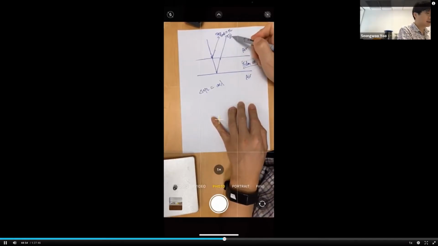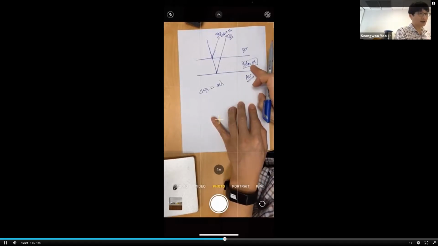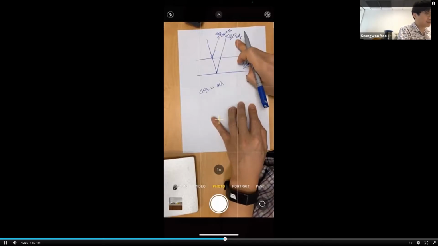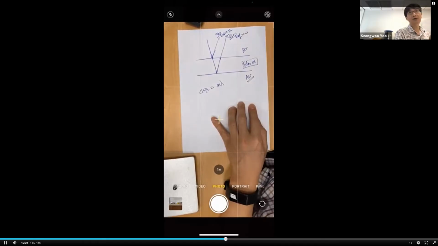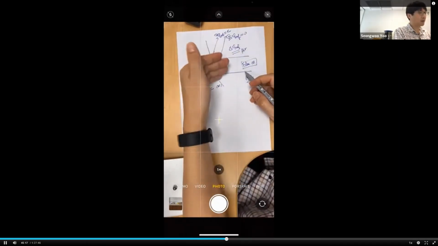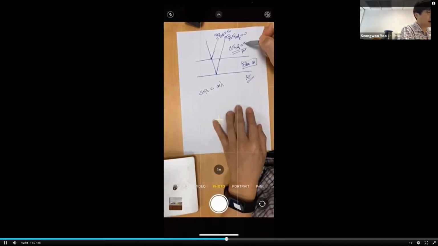What about the second wave? The second wave is reflected by air, and the air's refractive index is lower than the film. Therefore, the phase shift by this second reflection is 0. There is no phase shift. Then our phase difference between those two waves by the reflection is going to be pi minus 0, which is pi.